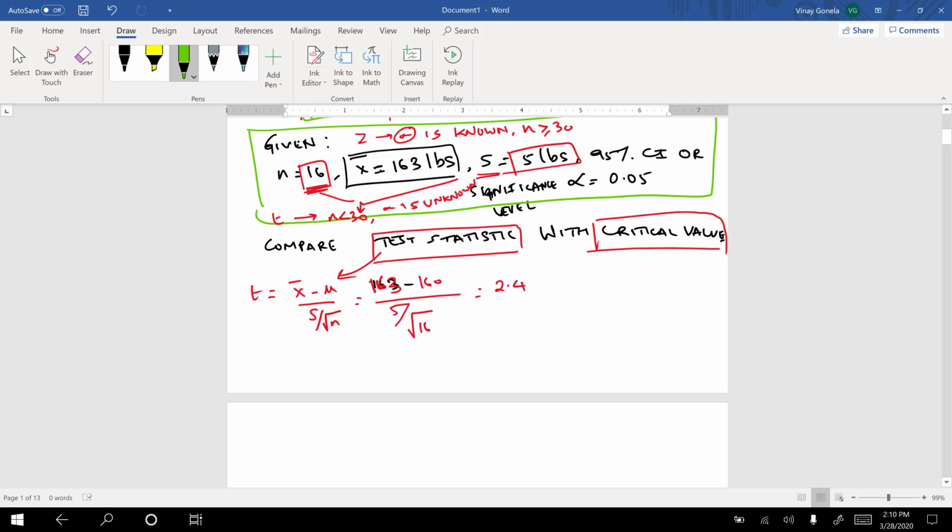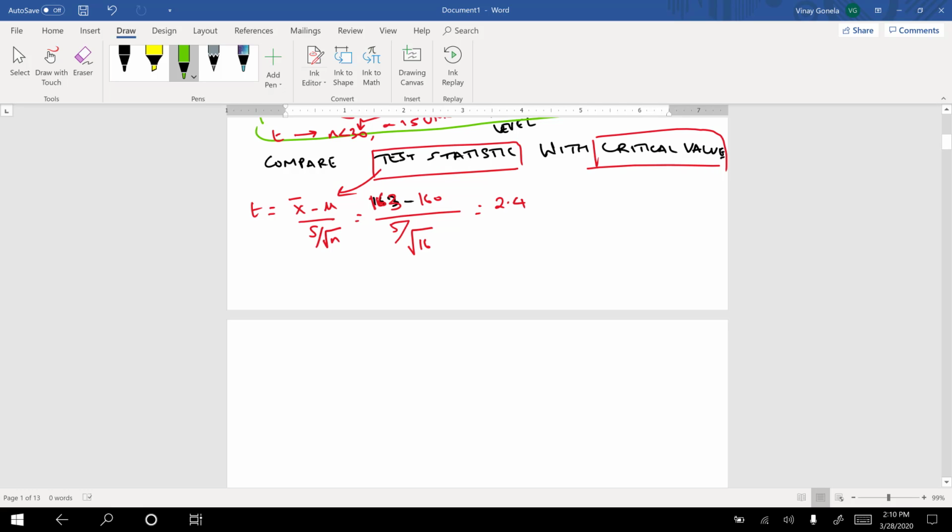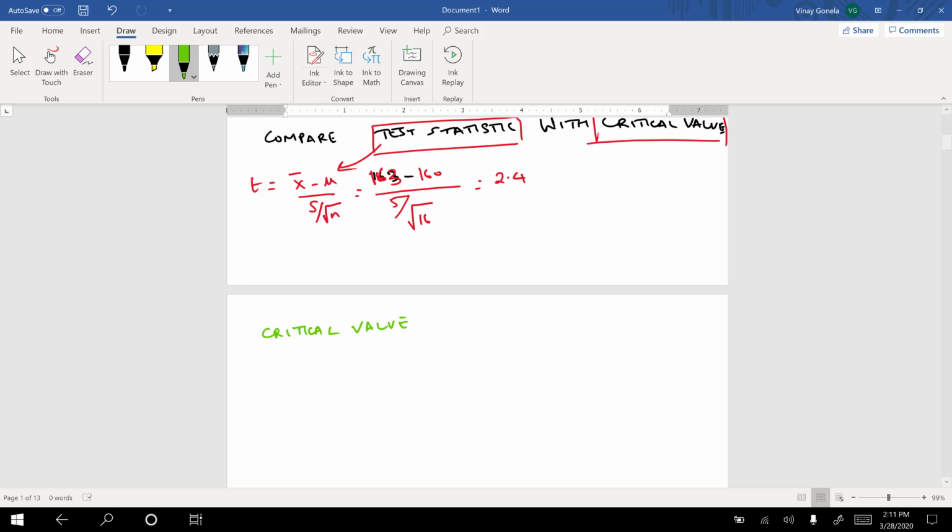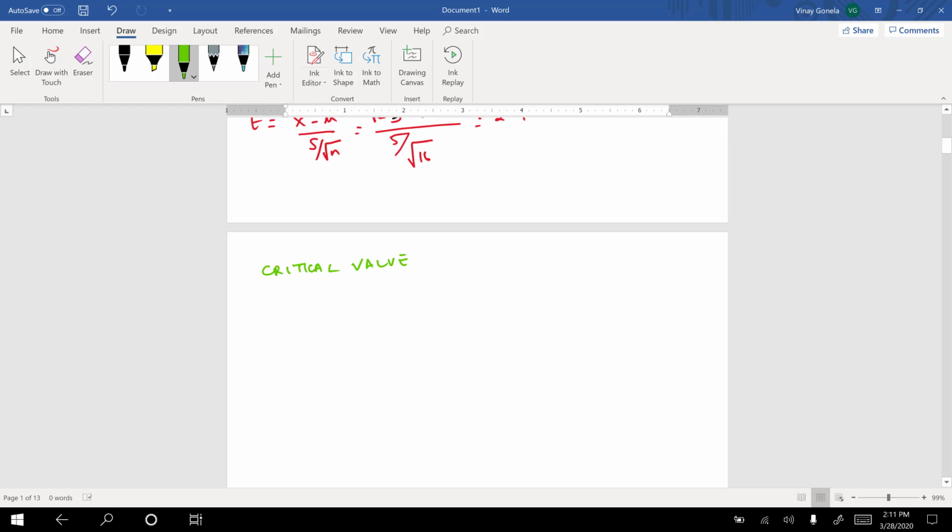So to find the critical value, I will write critical value and do the calculation here. This is a two-tailed problem, so I have a normal distribution, and this is the 0.95 confidence interval.